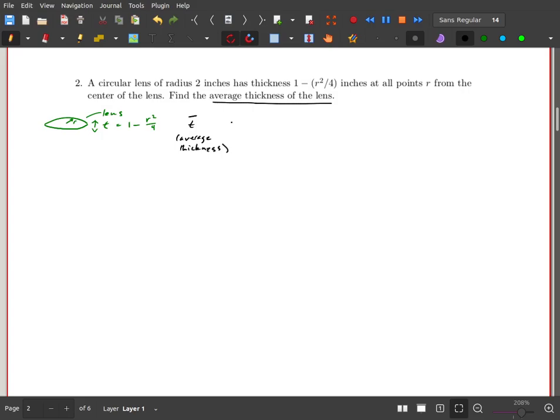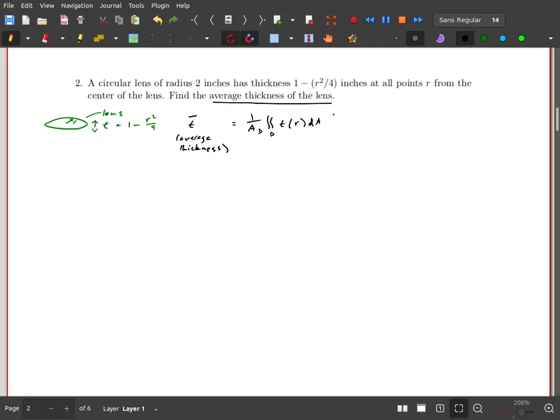So average thickness will then be equal to 1 over the area of the lens times the double integral over our domain, or our region, of the thickness function, which is a function of r, integrated over the area. So that's how we find average thickness.